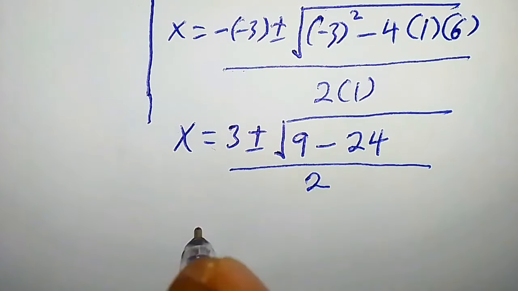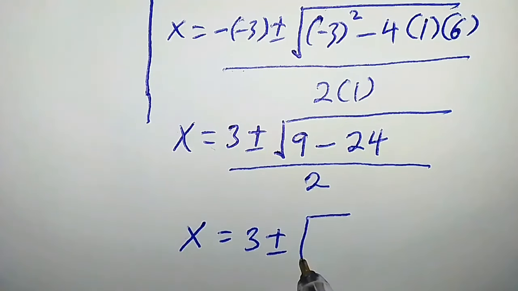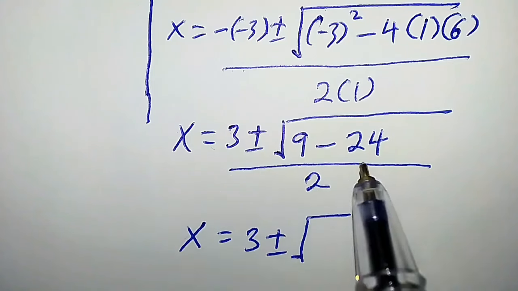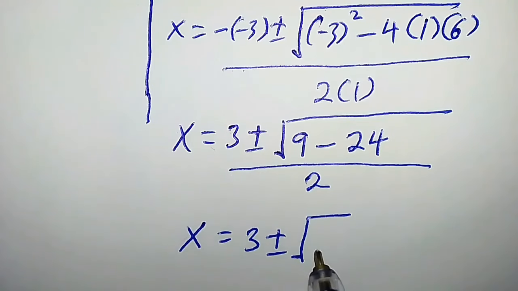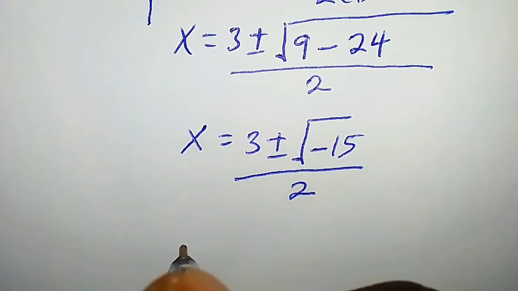Let's continue. x is equal to 3 plus or minus the square root of 9 minus 24, that is negative 15, over 2.